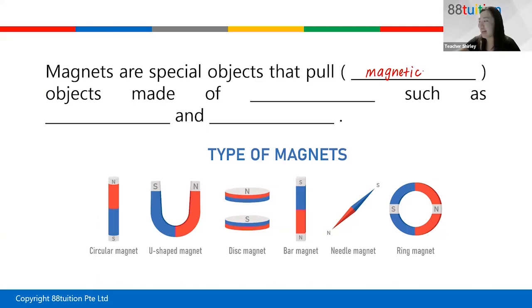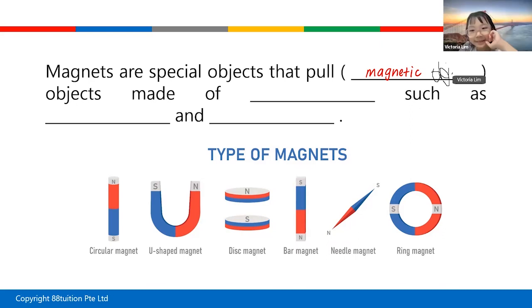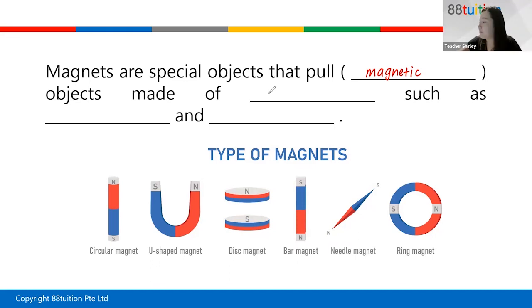I know you have not learned this topic before, so this is just additional information for now, but I think it's good to be introduced to it earlier as well. Magnetic objects are made of magnetic materials.